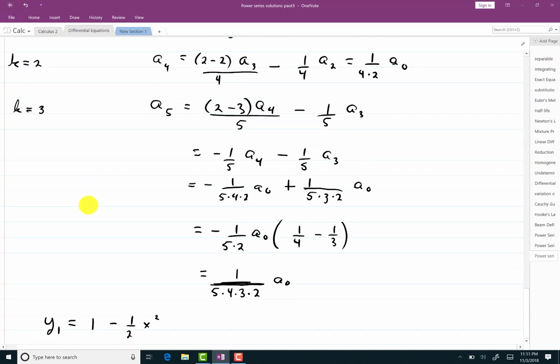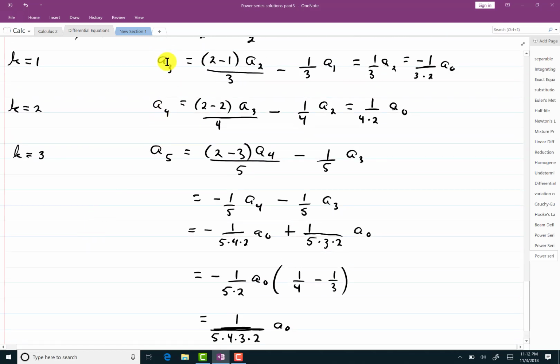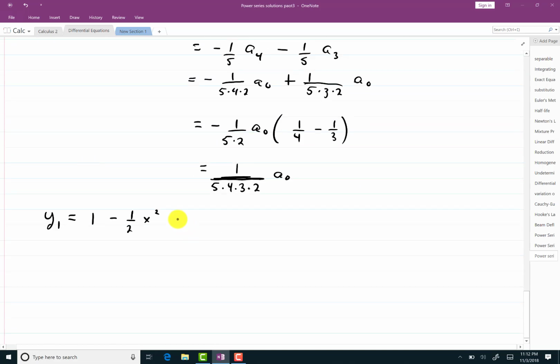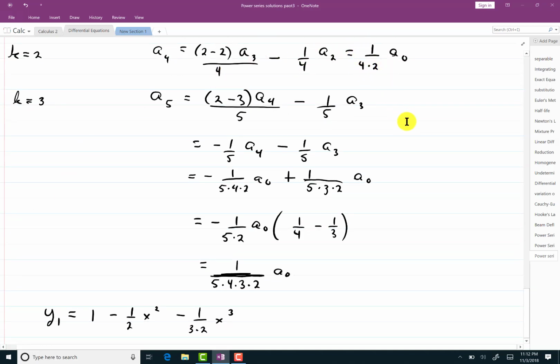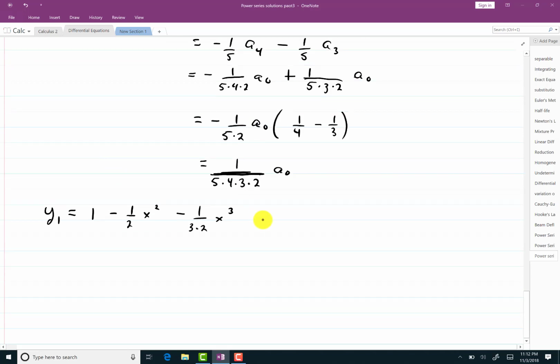And then I do have an x cubed term, negative 1 over 3 times 2 x cubed. Do I have an x to the 4th term? I do. 1 over 4 times 2. And I even have an x to the 5th term, and that's this one right here. It looks like plus.